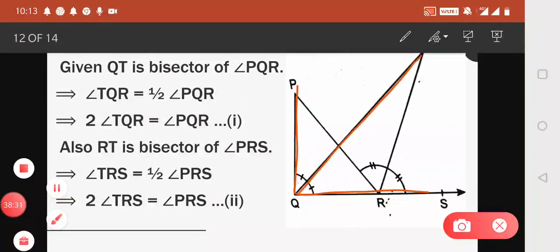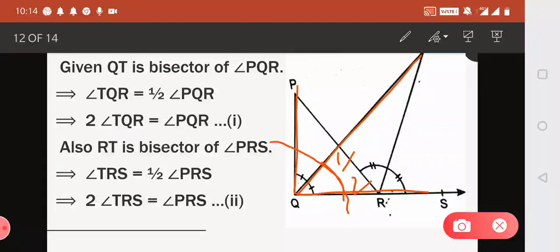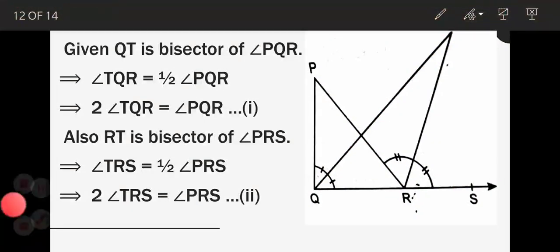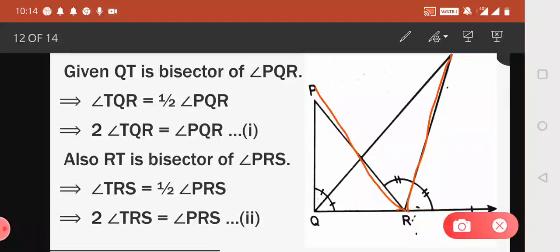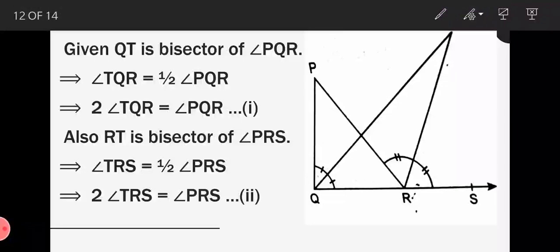The bisector of it is given as QT. So we use this and write that angle TQR is half of the whole angle PQR. Similarly, we will use another bisector, that is RT is the bisector of angle PRS. And we will get angle TRS as half of this whole angle PRS.